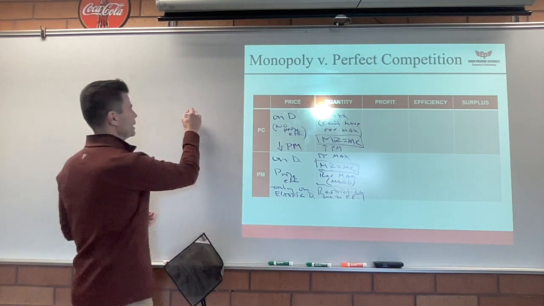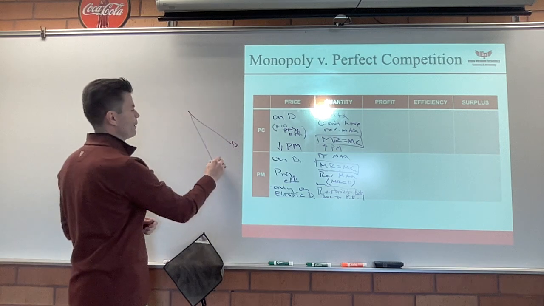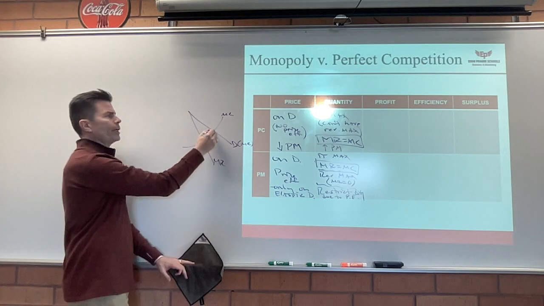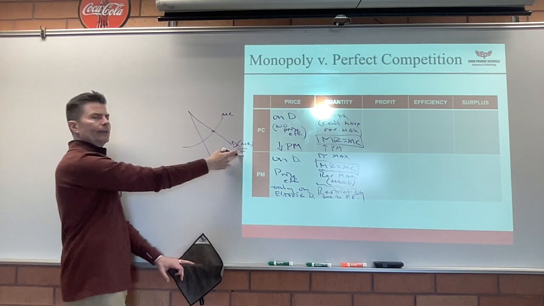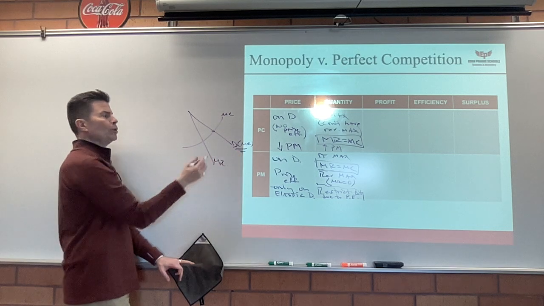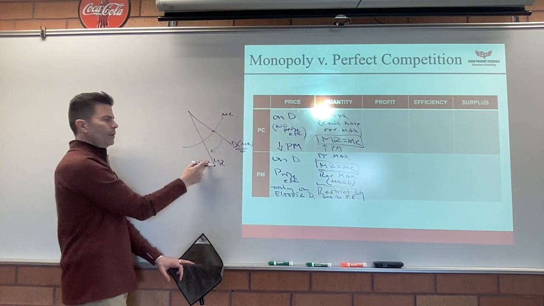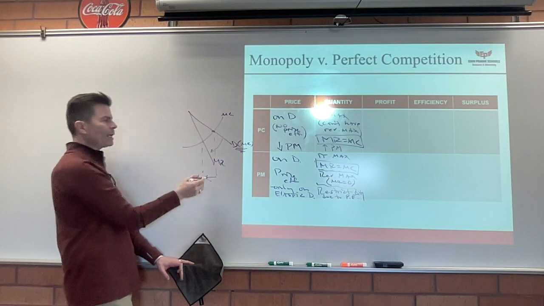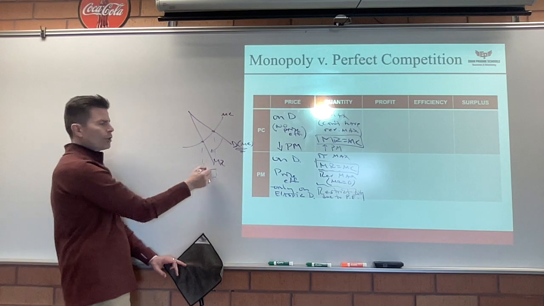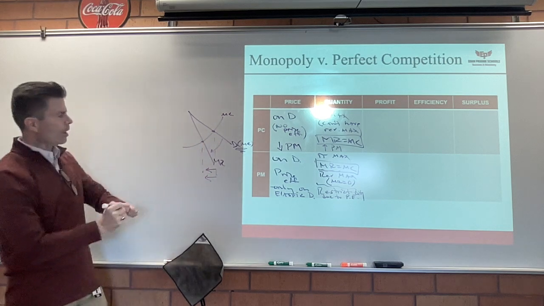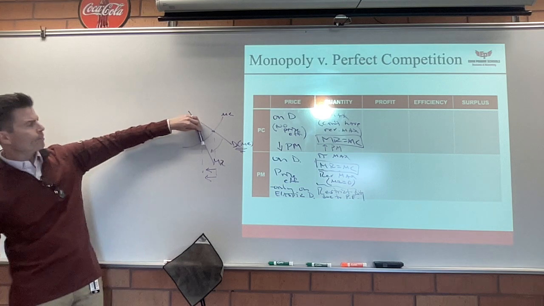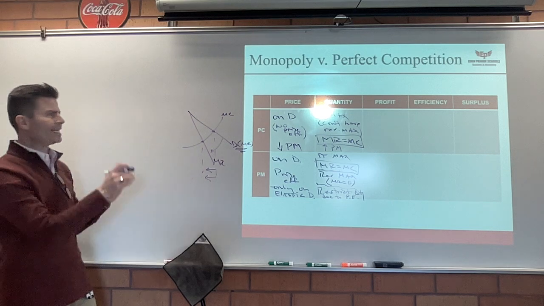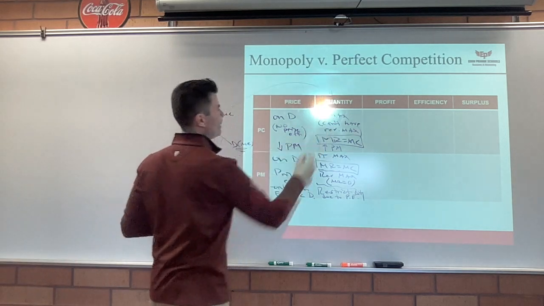Visually, if this is my MR and my marginal cost, I start with perfect competition here, where there's no price effect and demand equals MR. But due to the price effect, your MR has to go this way, and so my quantity is restricted. My quantity is a lot less because the MR and MC point occurs earlier.